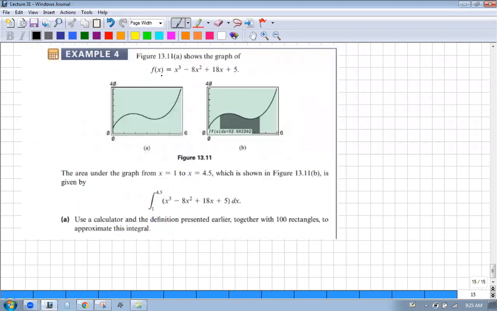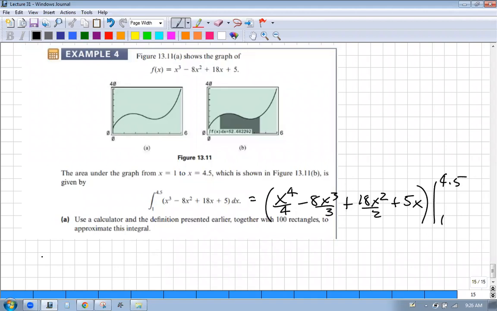What is this? Here's a function. They want the area under the graph here. So if you want the area, you would have to integrate this. The integral here is x to the 4th over 4 minus 8x cubed over 3 plus 18x squared over 2 plus 5x. And you need to evaluate that from 1 to 4.5.